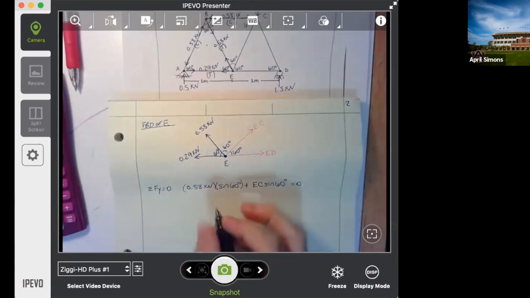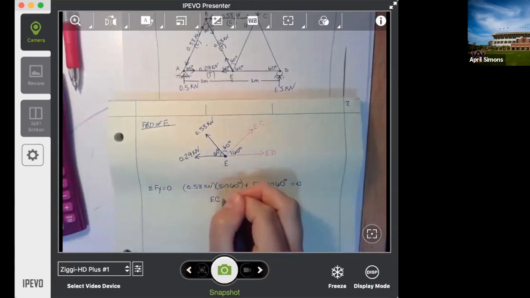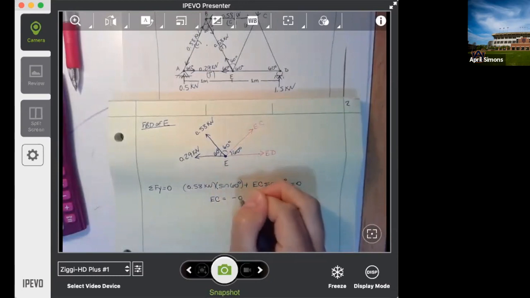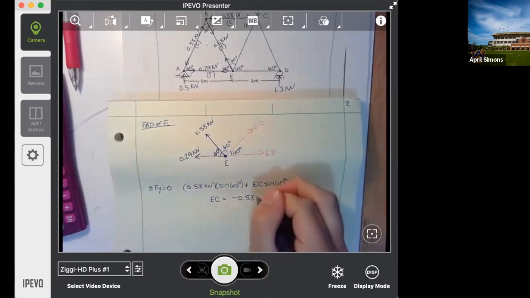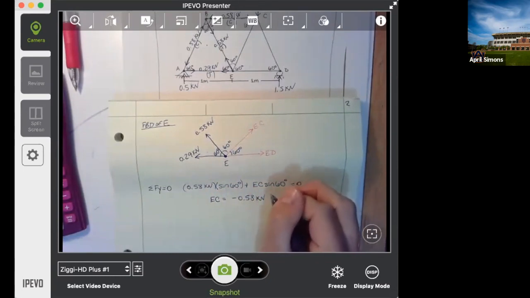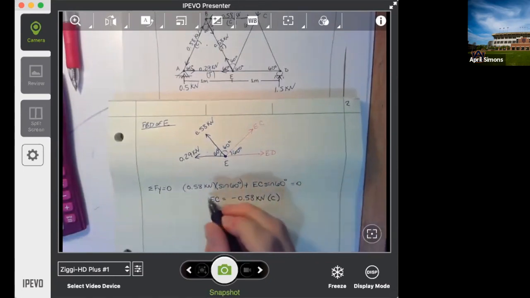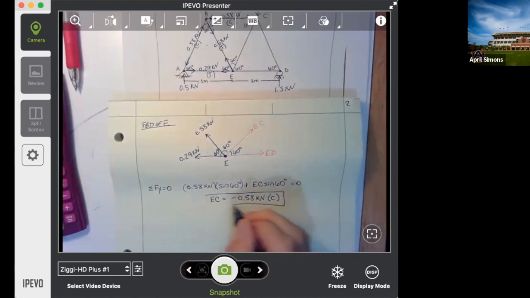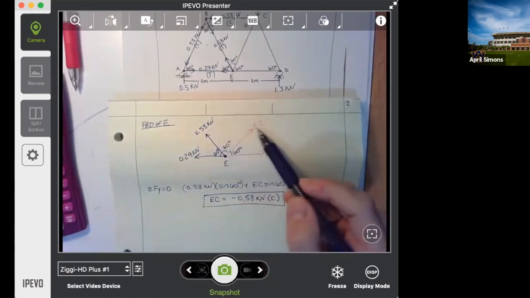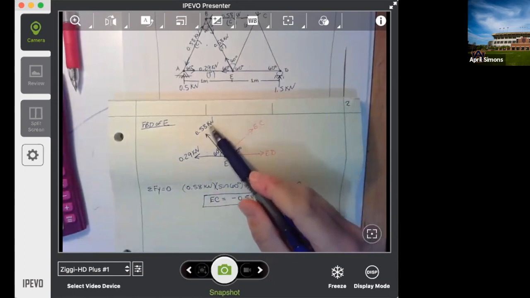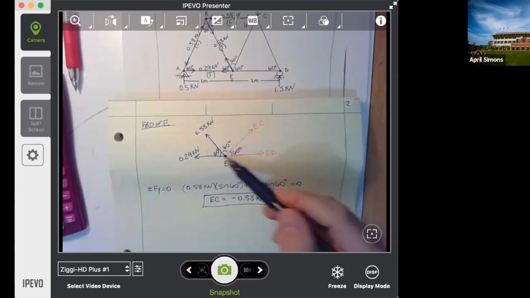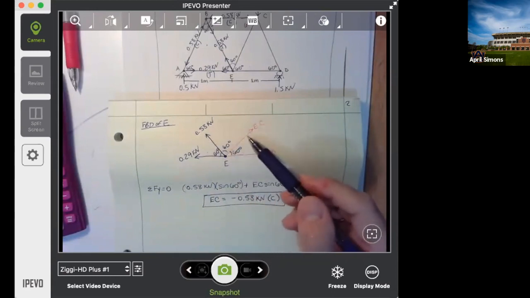Okay, so solving for EC, we get EC equals negative 0.58 kilonewtons. Negative meaning that EC is in compression. Now, if you look at this initially, you might think EC has to equal this force, since these two are kind of pulling against each other and the 0.58 kilonewtons are opposite here.